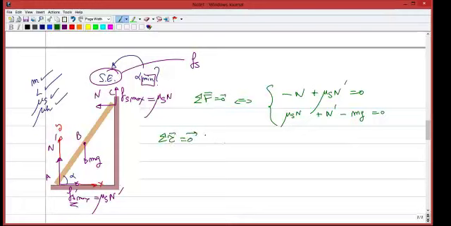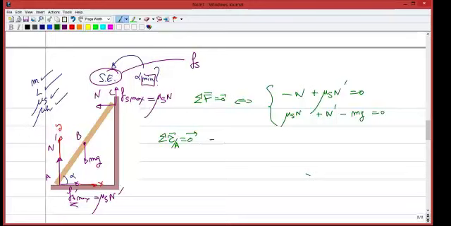We expect 1, 2, 3, 4, 5 terms because we have 5 forces. Correct? But we've positioned our current system at point A, which implies that I'm going to calculate the sum of the torque about point A, which means I just got rid of 2 torques, the one due to N prime and the one due to μs N prime.